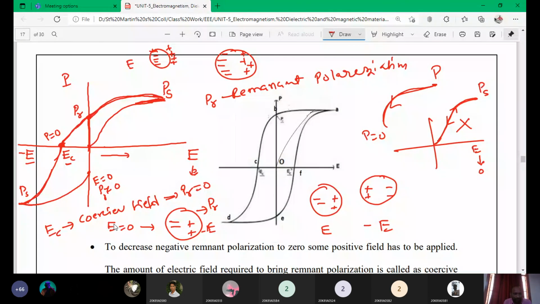At this point on the x-axis, the electric field is not zero but the polarization is zero. This field we call the coercive field. After that we increase again, and it reaches saturation again. So this loop we call the hysteresis loop, or PE loop.